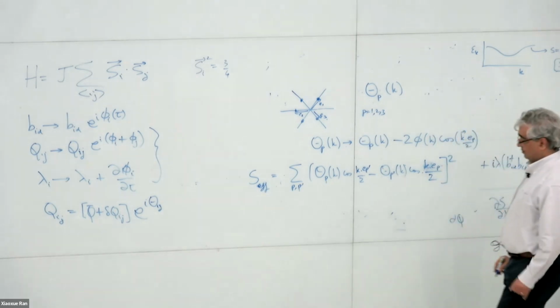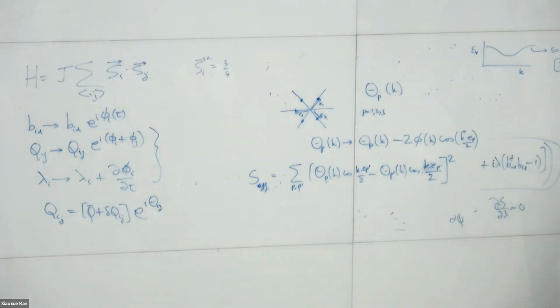The fluctuation must be quadratic because you're expanding about a saddle point. The gauge invariance is very general. For the triangle lattice, 3 are independent. So this is the action you'll get.